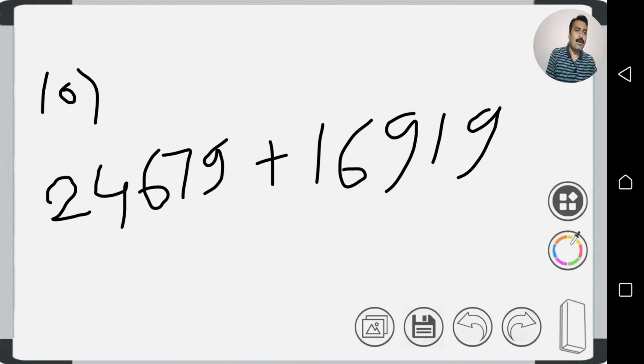After this, on the addition process, the main examples given for the 5th standard, that is the addition of 7, 8, 9 digit numbers or 6 digit numbers, which are quite bigger numbers. Such examples we are going to start in our next problem set number 8. That problem set we are going to take in our next videos. So till then we have to stop here in this video.